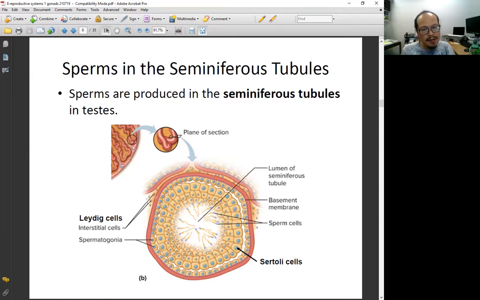Right here, the Leydig cell. When you learn this, you can keep in mind that male and female basically have a lot of similarity, even though the location and the shape are very different. There are things comparable when we learn about the female.